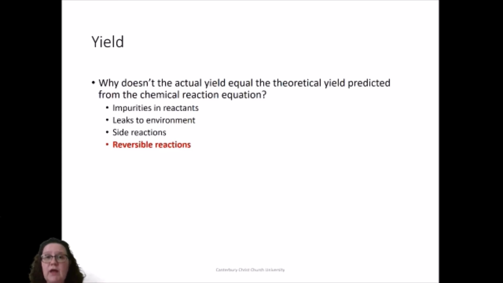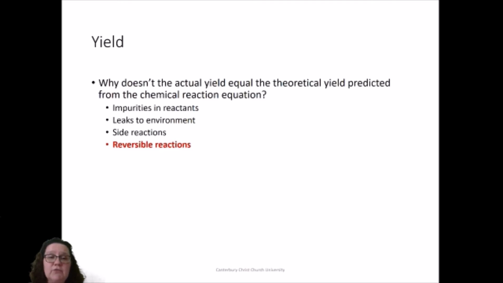Sometimes there are leaks to the environment and the reagent or product might escape, for example in the case of a gas. Sometimes you have undesired byproducts, side reactions that impact the ability of your reagents to react to produce the product because they are engaged in those side reactions.